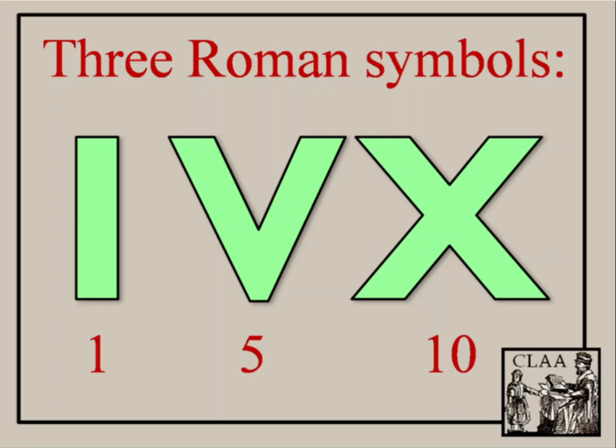The number unus, which is written with a straight line, quinque, or 5, which is written with a V, and decem, or 10, which is written with an X. All of the numbers we've learned so far in Latin are written with these 3 symbols.